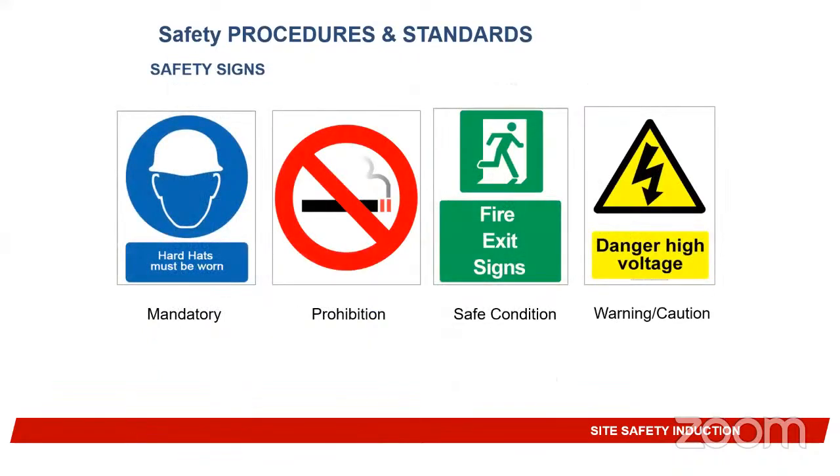So you also talk about the safety signs. Depending on the safety signs that you have in your workplace, you can add yours. All these signs, they should understand what they mean. When they see green, safety sign. When they see red, prohibition. When they see blue, an advice, mandatory. When they see yellow, what does it mean? Warning, caution.